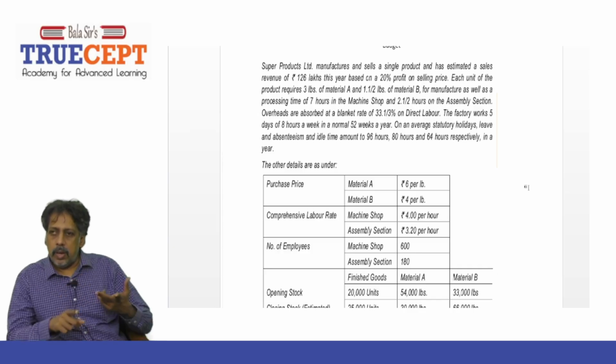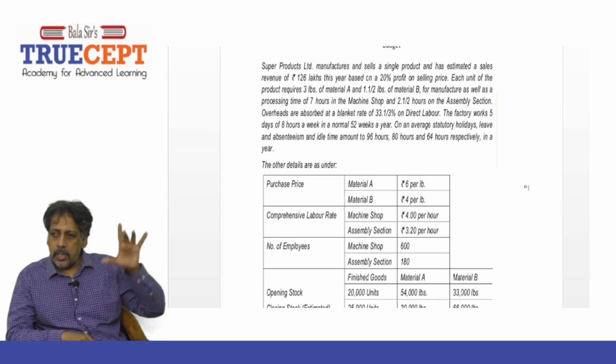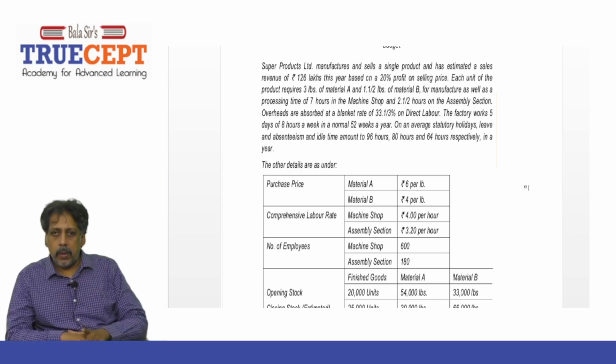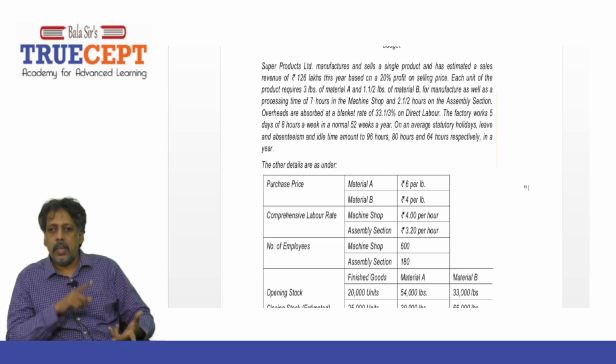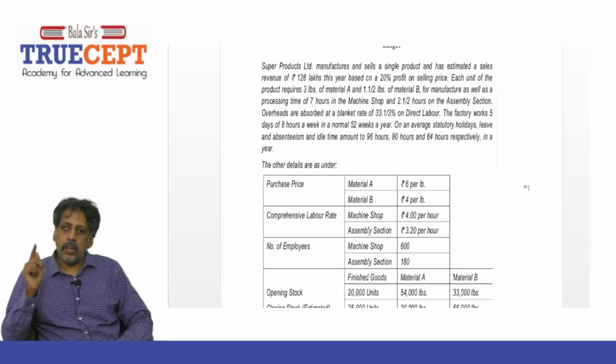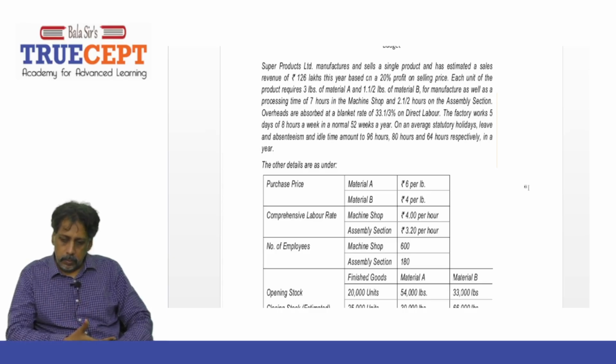And they use the word blanket rate because it doesn't matter whether it's the machining or assembly department. The factory overheads are absorbed at 33 1/3% on direct labor cost. Next. The factory works 5 days of 8 hours a week in a normal 52 weeks a year.